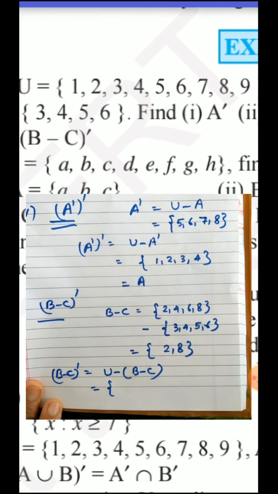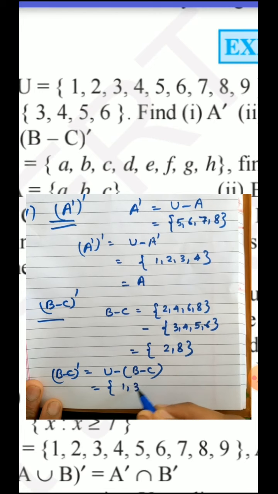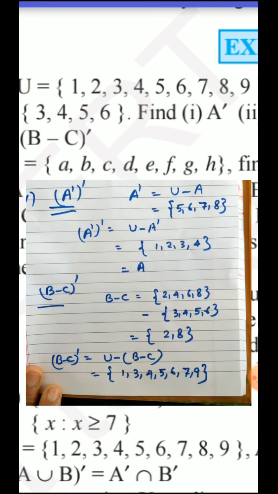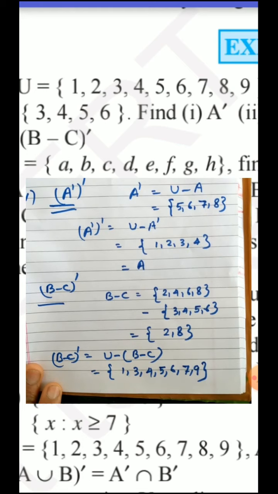What will be left? 1, 3, 4, 5, 6, 7, 9. This is your required complement of B minus C. I hope you understand this.